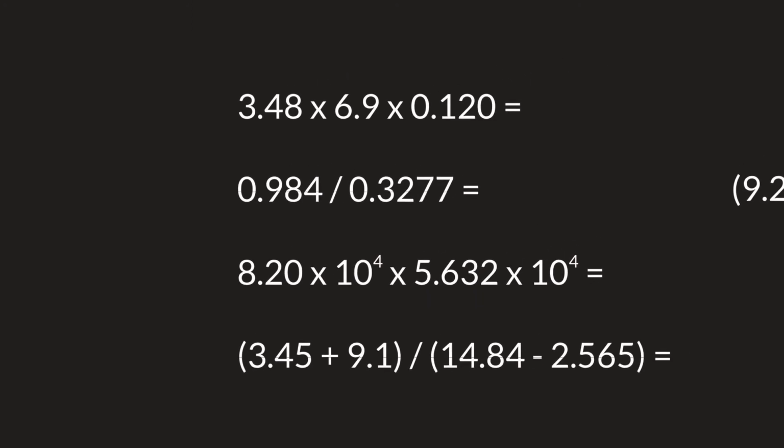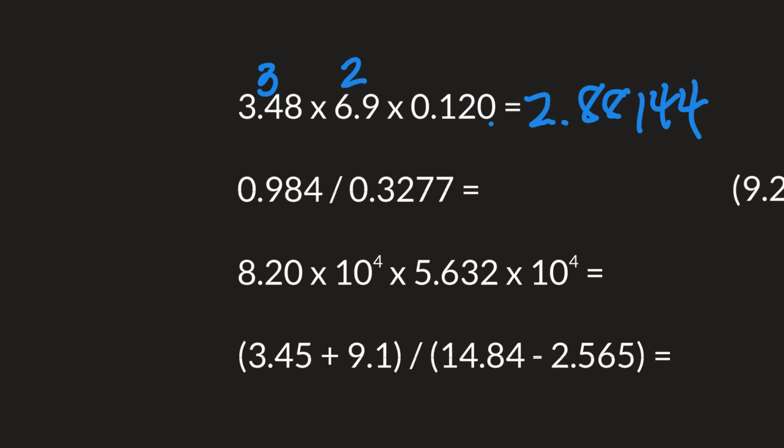Okay, so let's do the first one. Plug it in your calculator. I get 2.88144. Now, if you look at this number, 3.48, I see 3 sig figs. 6.9, that's 2 sig figs.